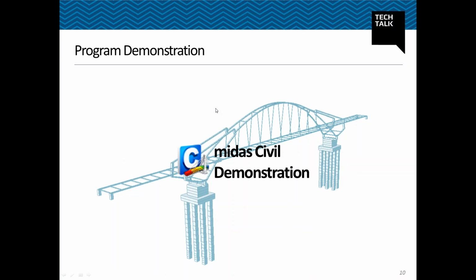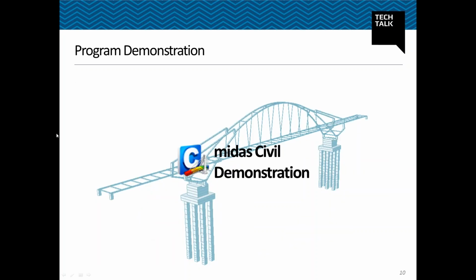So for today's demonstration, we have excluded the basic modeling part. The basic modeling part is not included in today's webinar, and I will try to focus on how to perform eigenvalue analysis, moving load analysis, as well as dynamic analysis, and then finish off with quickly checking various results.